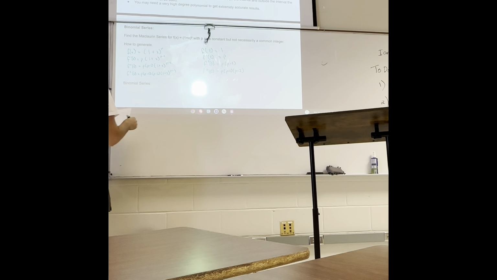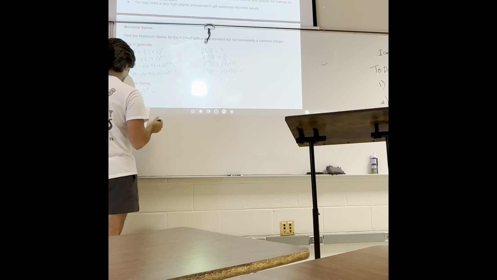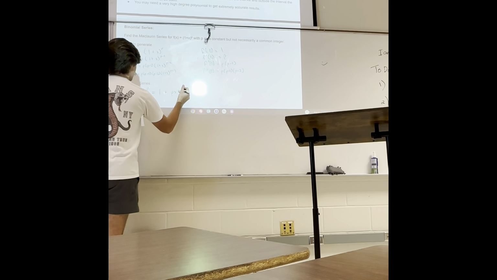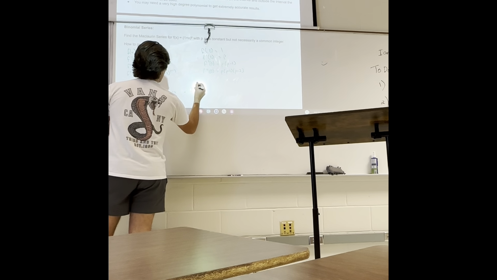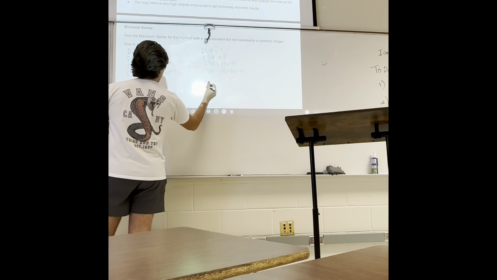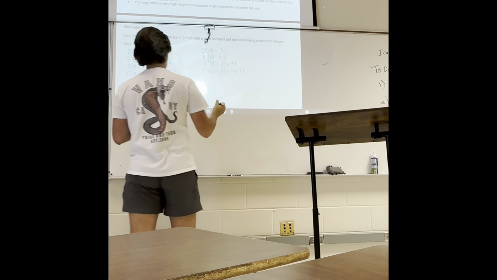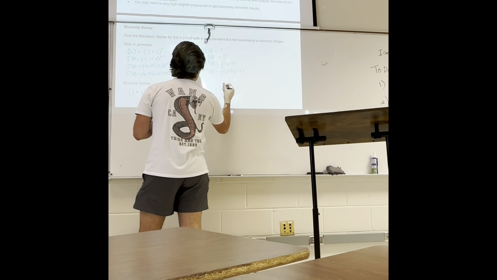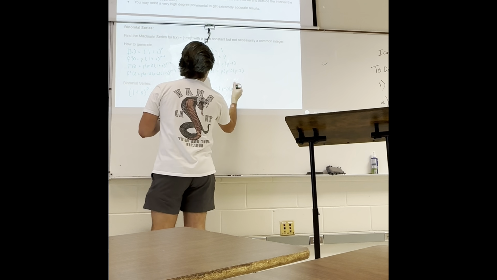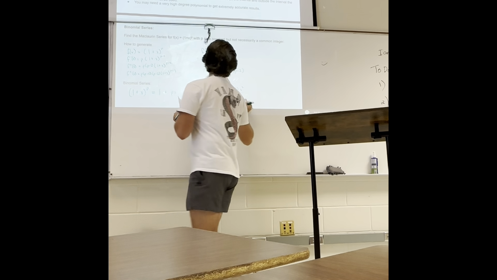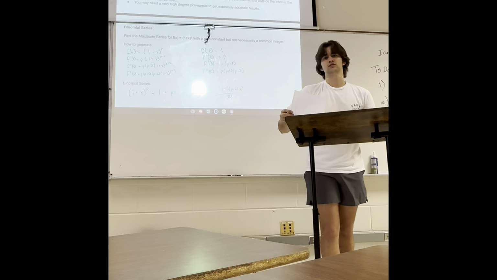Altogether, the binomial series looks like this: 1 plus px plus p times p minus 1 x squared over 2 factorial plus p times p minus 1 times p minus 2 x cubed over 3 factorial. And that would just be to the third degree.